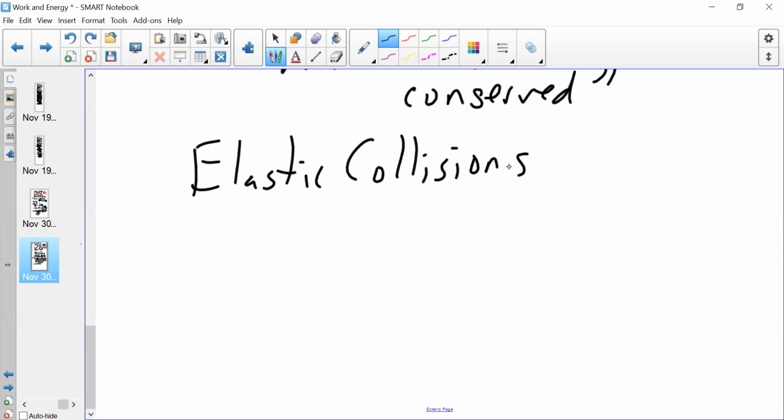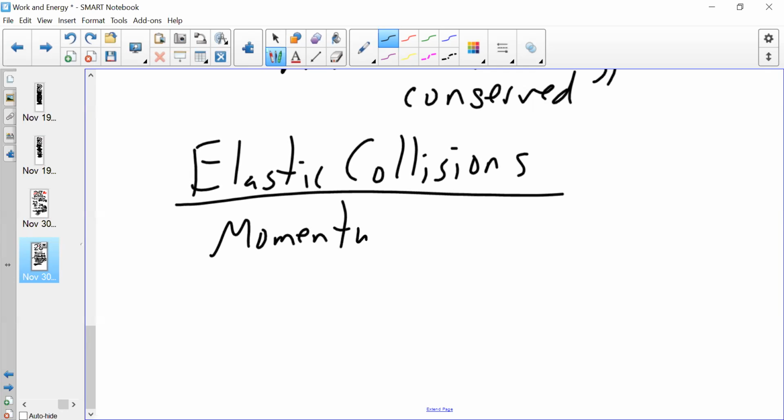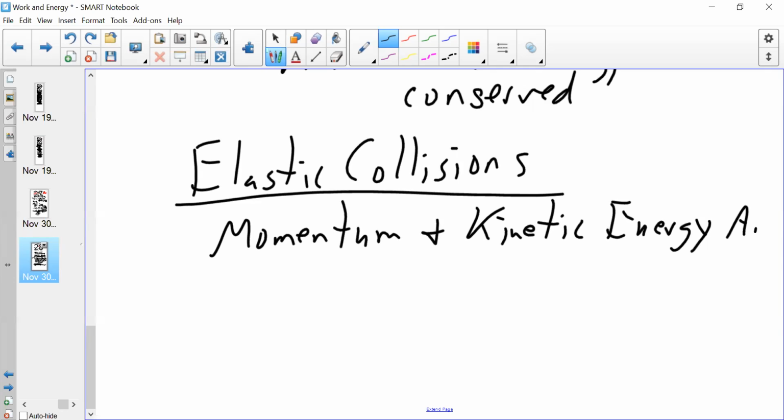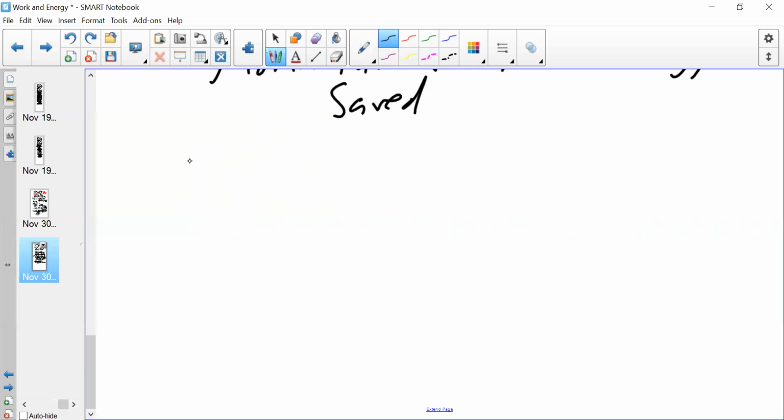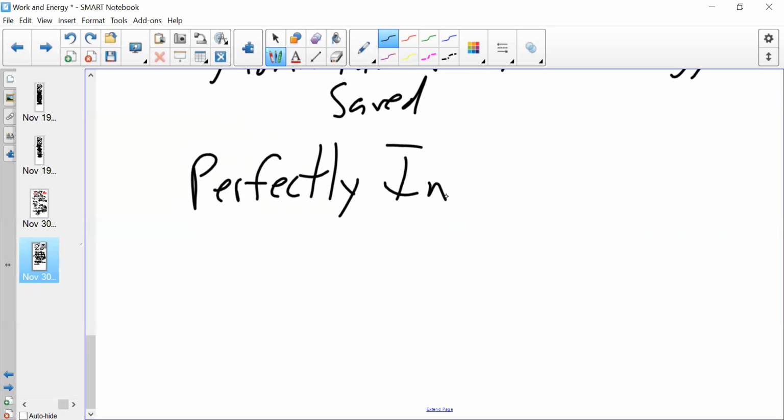So again, just to repeat here, elastic collisions, momentum and kinetic energy are saved. So we have those equations, we'll write them down as we get to them. Perfectly inelastic collisions, those are collisions where two or more objects hit and they stick together. Inelastic, there's no rebound. Elastic implies a rebounding effect or bouncing off.